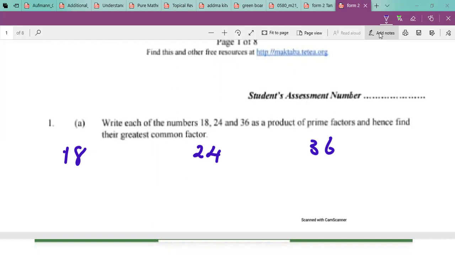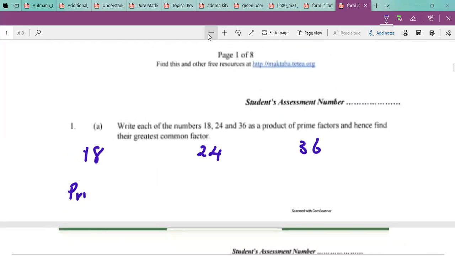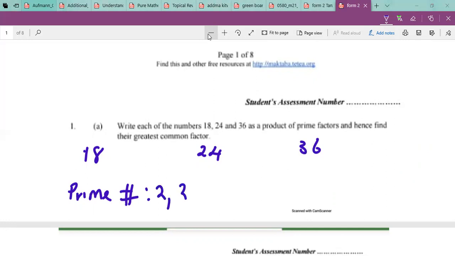Now, before we do that, you need to know what a prime number is. A prime number is a number that has got 2 factors: the number 1 and the number itself. So what are these prime numbers? 2, 3, 5, 7, and so on and so forth.